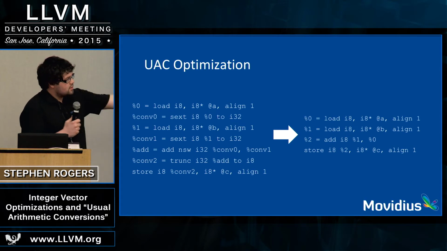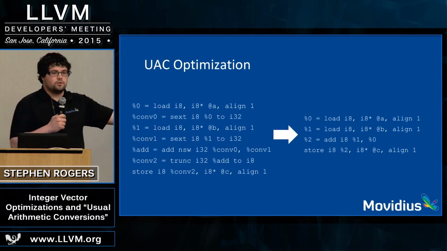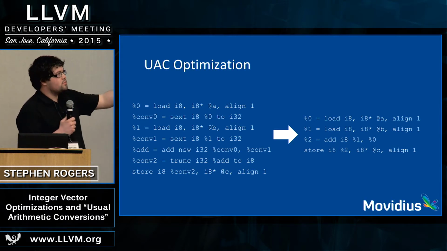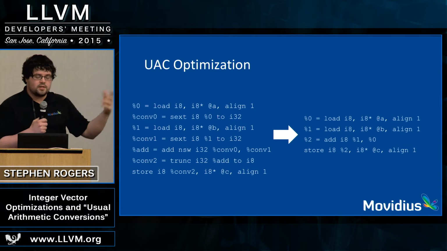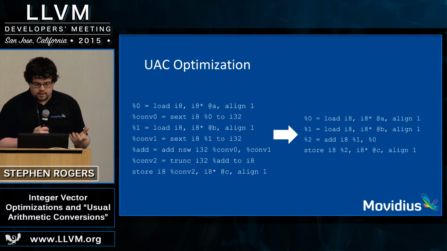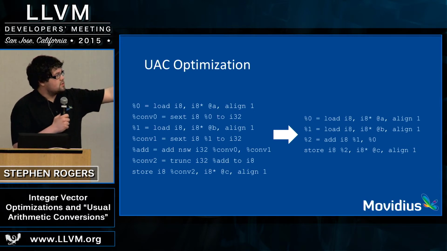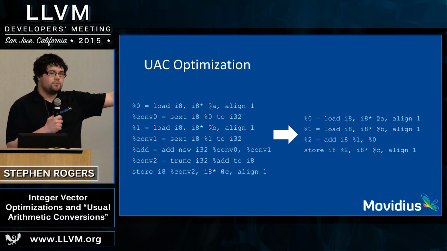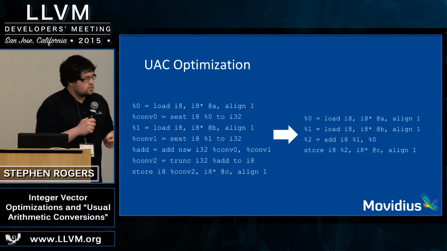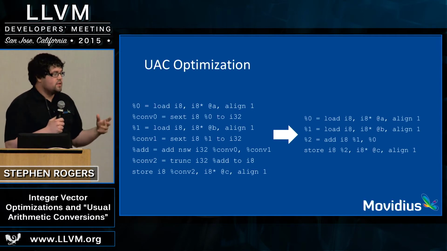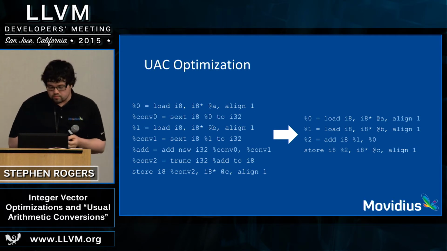But we know that in this example, with modulo arithmetic, specifically with signed wraparound, the code on the right will produce the same result as the code on the left for any given inputs A and B. And that's something you'll notice has changed: the NSW, no signed wraparound metadata, has been removed from the add operation. So thanks to this signed wraparound, we know that it is safe to perform this transformation.